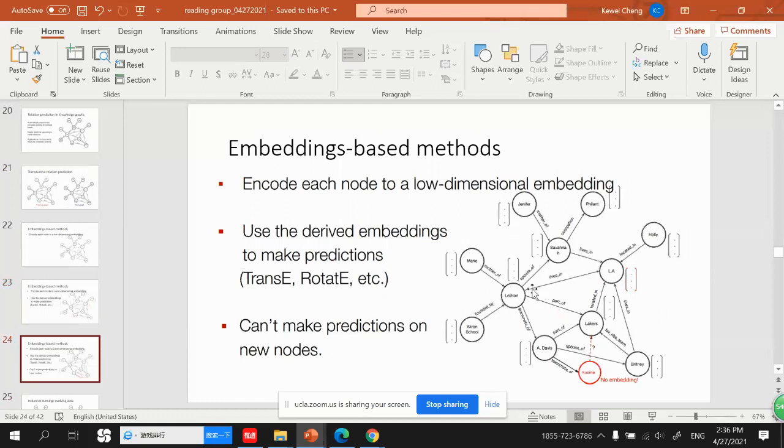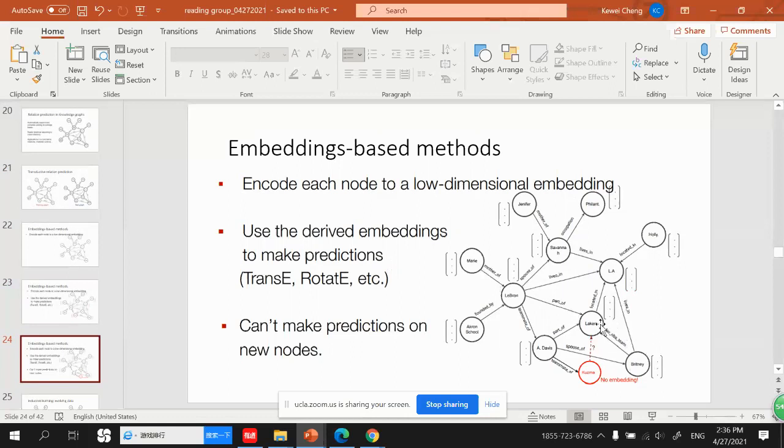But the main drawback of the embedding-based method is that it cannot make predictions on new nodes. As we discussed before, by using the embedding-based method, in order to predict the link between two nodes, first of all, we should have the low dimension embedding for each node.